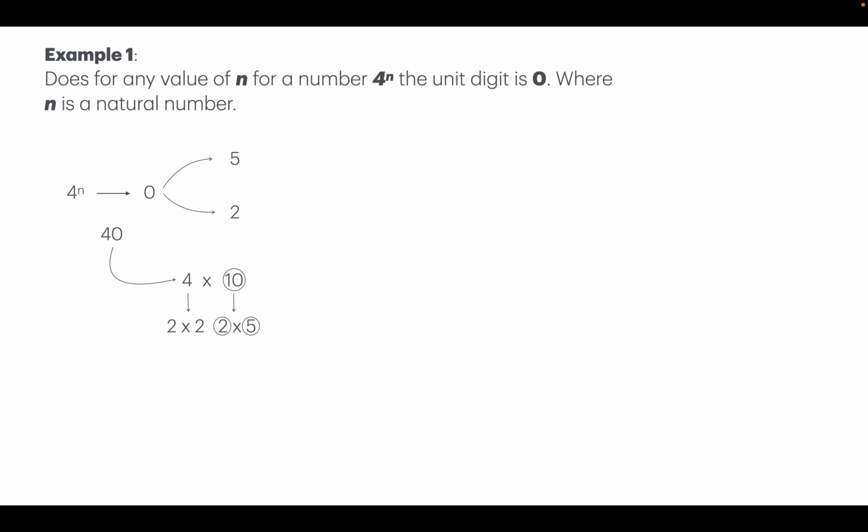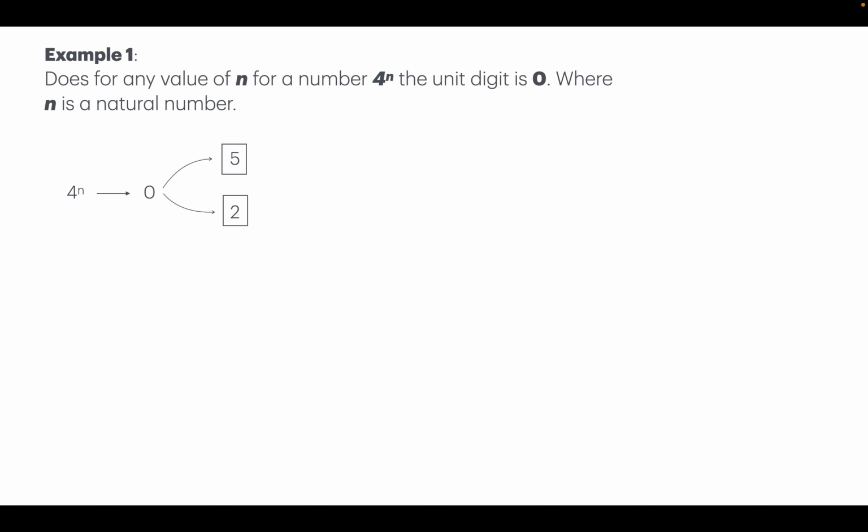And you know that 5 and 2 are primes. You also know from the fundamental theorem of arithmetic that you can express any number as the product of primes.